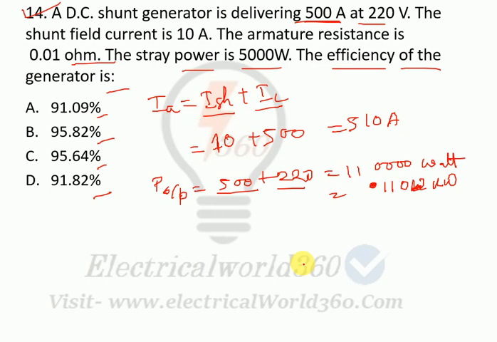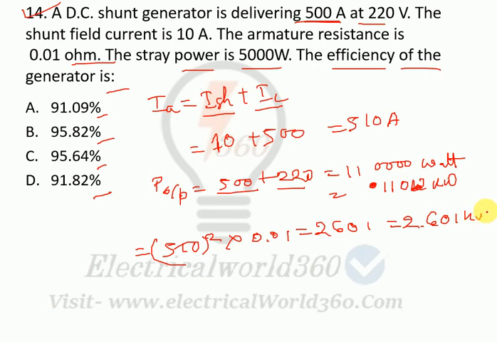So the armature copper loss is 510 square into 0.01, equal to 2601 watt. We can write it as 2.601 kilowatt. This is the armature copper loss, Ia square Ra.